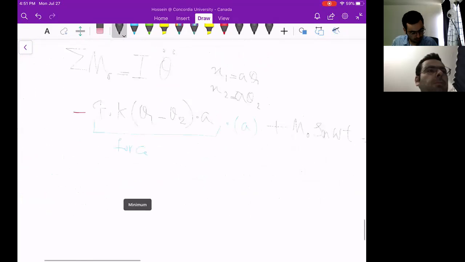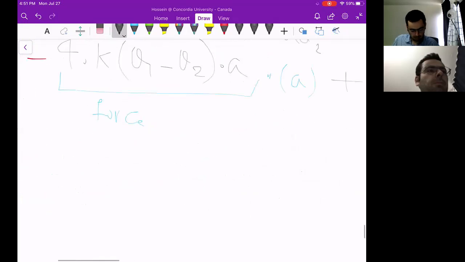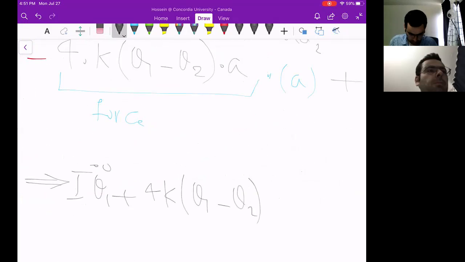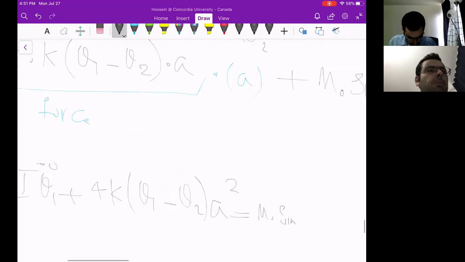If I simplify this equation, I'll have I theta double dot 1 plus 4k (theta 1 minus theta 2) a squared equal to m naught sine of omega t.